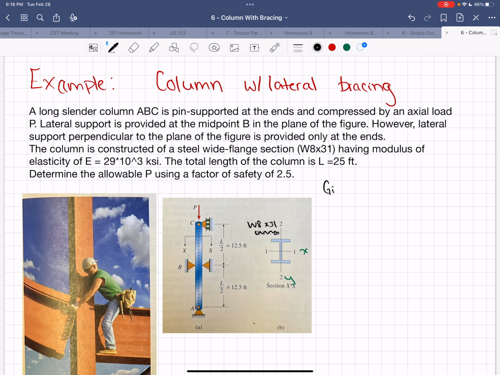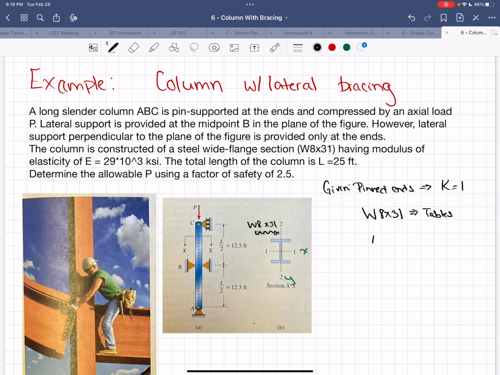Given: it has pinned ends, and that means K equals 1. We have a W8 by 31, so we can go to our tables for our elastic moduli.